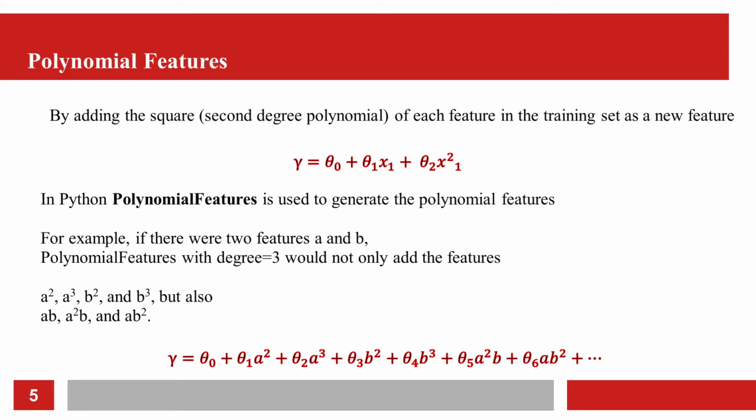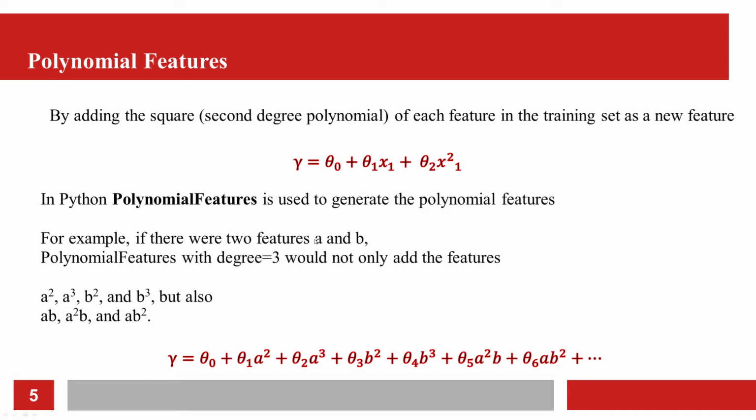Polynomial means I will add some other features to your training set. For instance, assume that we have x1, this is the first part, and we add x squared, to the power 2. This function, polynomial features, generates the additional parameters.